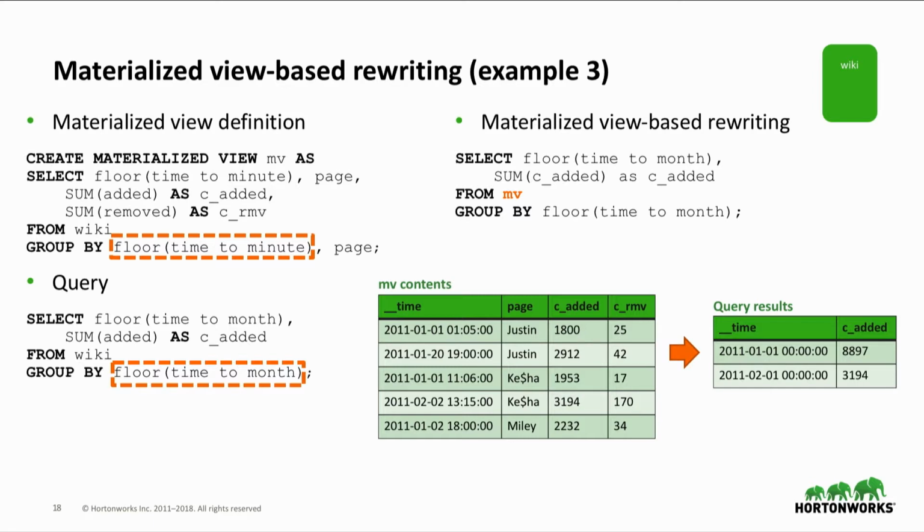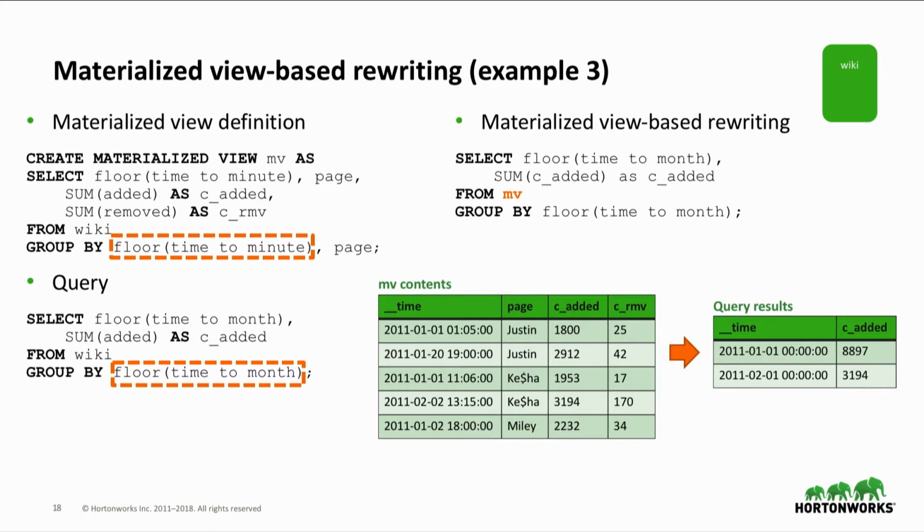Now, when the query comes, you want to get, for instance, the characters that have been added per month. So you have to roll up your data. And the materialized view rewriting can also detect these kinds of functions. As you can see, it will read the data from the materialized view, roll it up by month, and sum the characters.